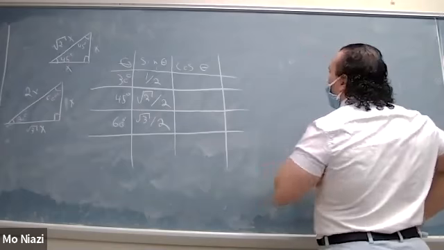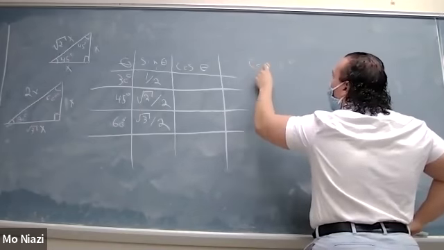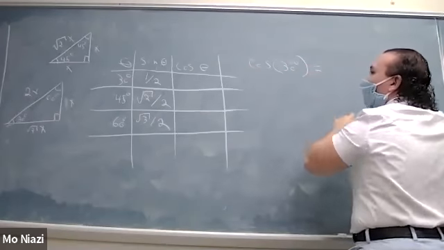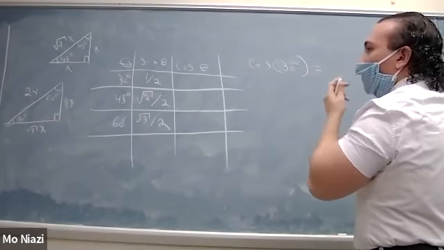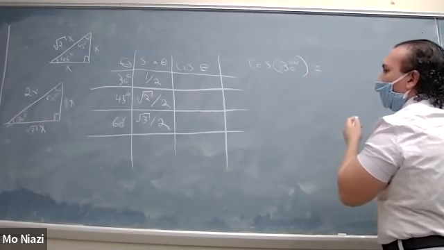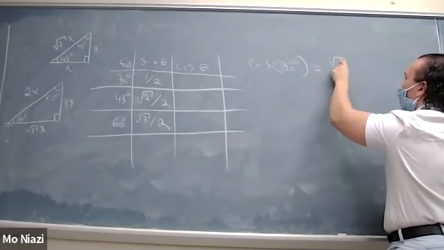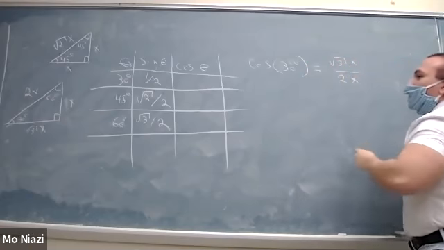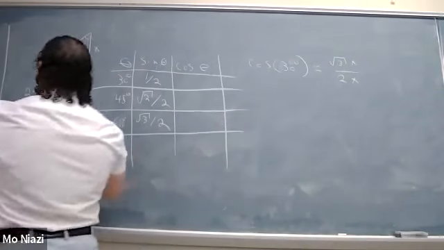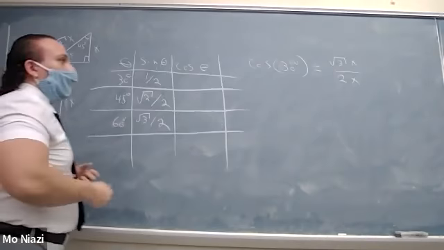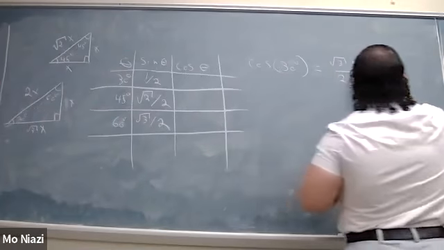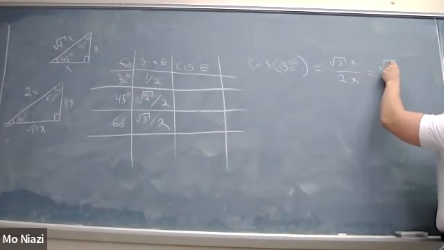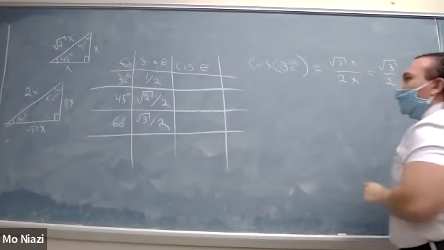What about cosine of 30? Square root of 3x over 2x, because it's adjacent over hypotenuse. And then the x's cancel. So then we get root 3 over 2. So we're going to put that right here.